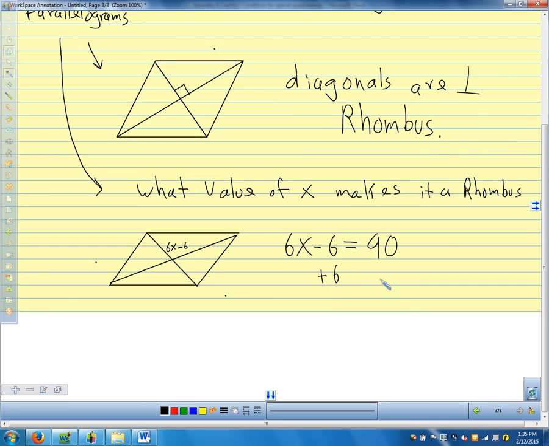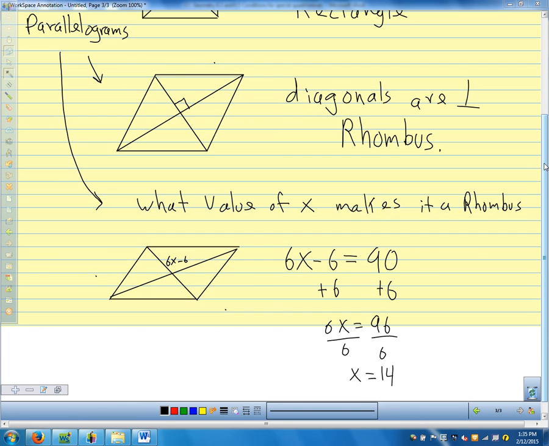So plus 6, 6x equals 96, divided by 6, and x equals 14. That would make the diagonals perpendicular. All right, questions? Okay.